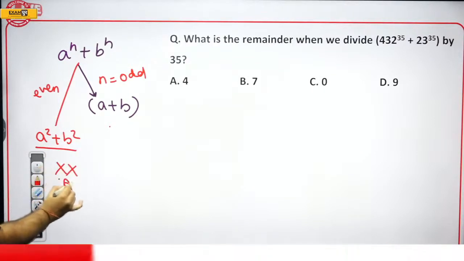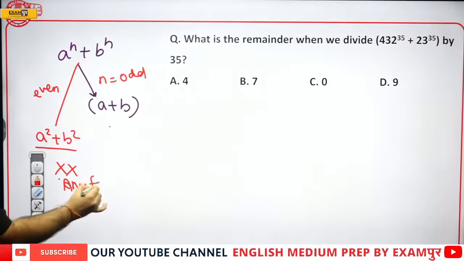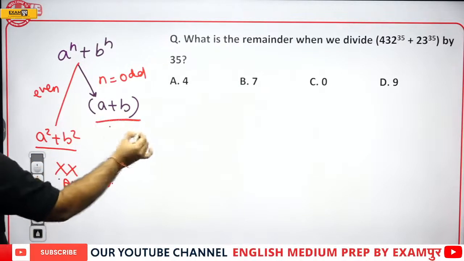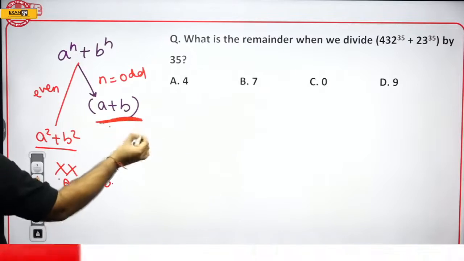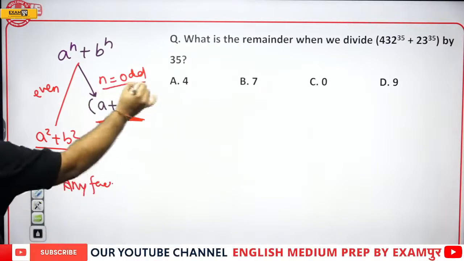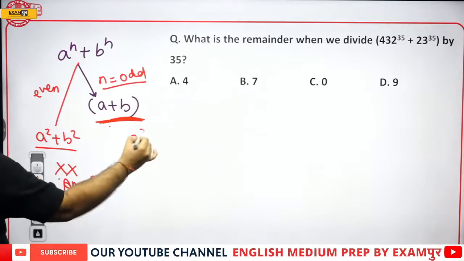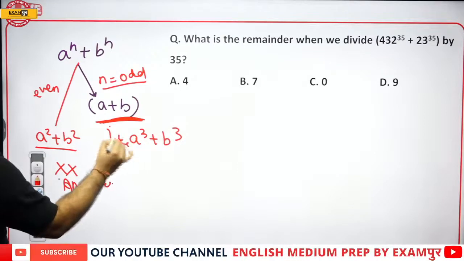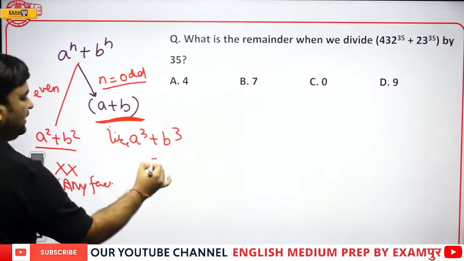This is divisible by a plus b for n odd, like a cube plus b cube, which has a factor of a plus b.